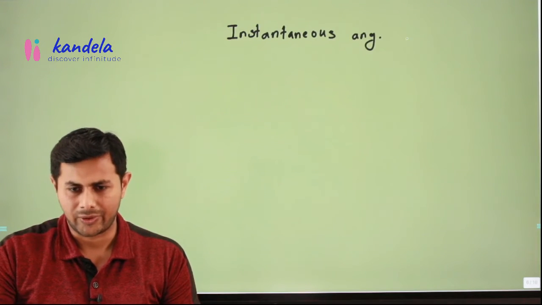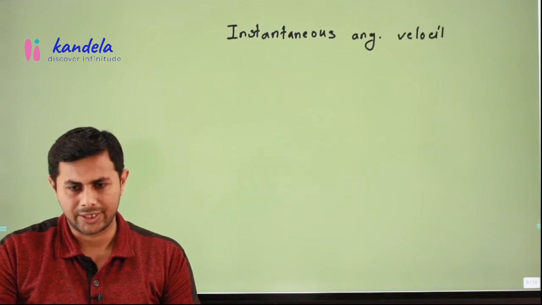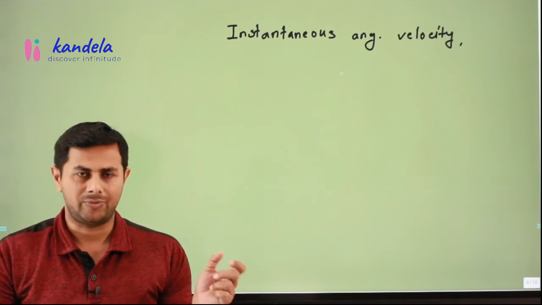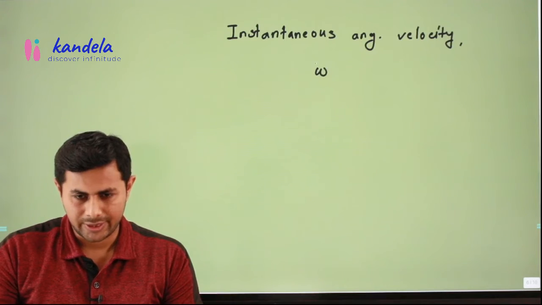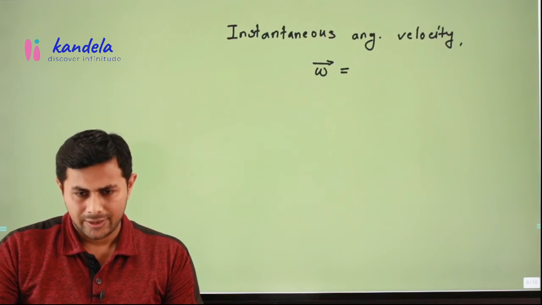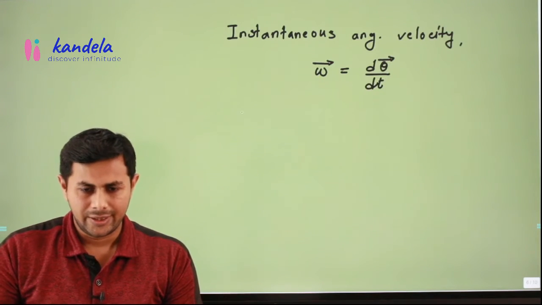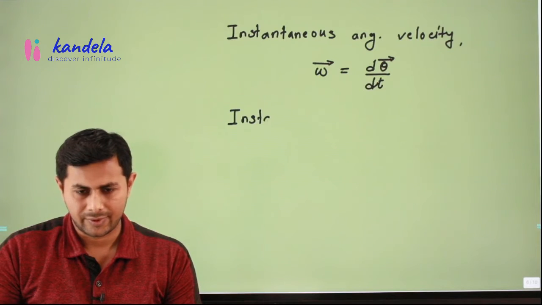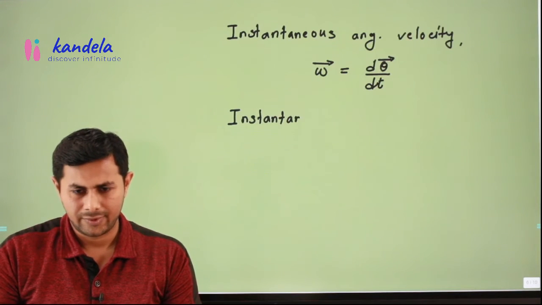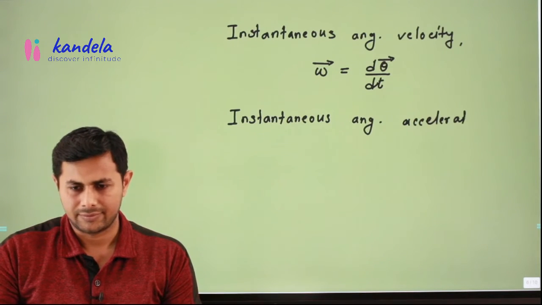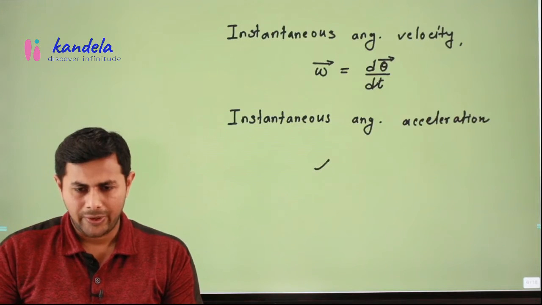So instantaneous angular velocity is still the ratio, but it is the ratio at a particular moment. So it is omega bar, the derivative of theta with respect to time. And similarly, instantaneous angular acceleration, alpha bar.